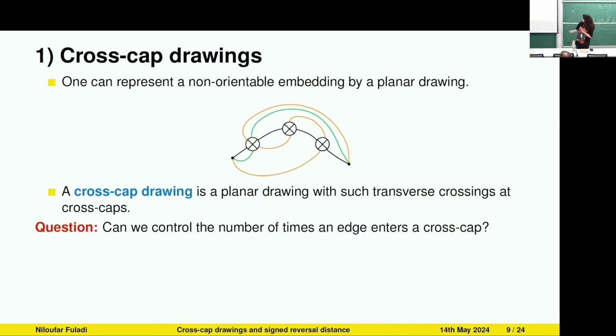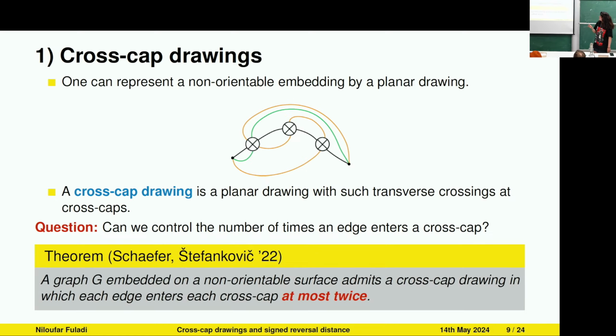And one natural question here is: when you are computing such a cross-cap drawing, how much can you control the number of times an edge goes into a cross-cap? This would reduce the complexity of your drawing. The best thing that we know so far is a theorem by Schaefer and Stefankovic.